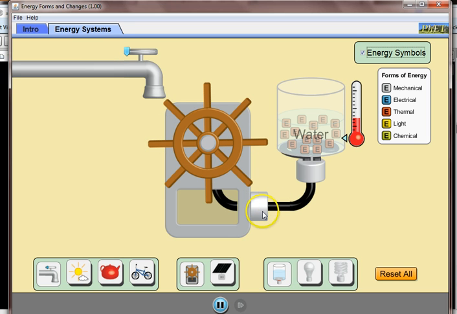When the conversion control is set to paddle wheel, which is this, there is an electrical generator that is driven by the paddle wheel, and so when the paddle wheel moves, electricity is generated. You'll see the electric energy flow.